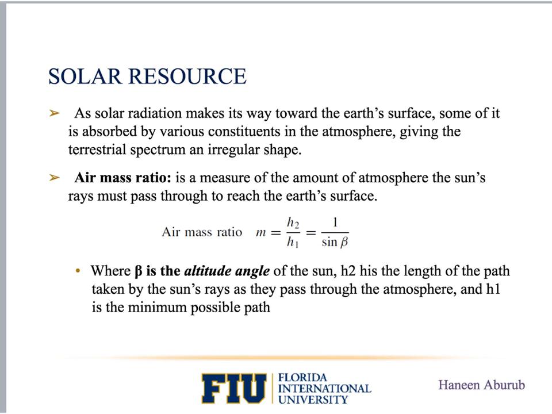So this is the first angle that we got introduced to related to solar resources. Here we have the altitude angle of the sun, and H2 is the length of path taken by the sun's rays as they pass through the atmosphere, and H1 is the minimum possible path. We will see this in the next slide in detail.